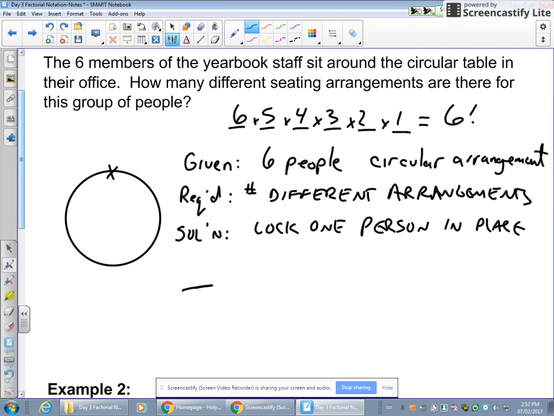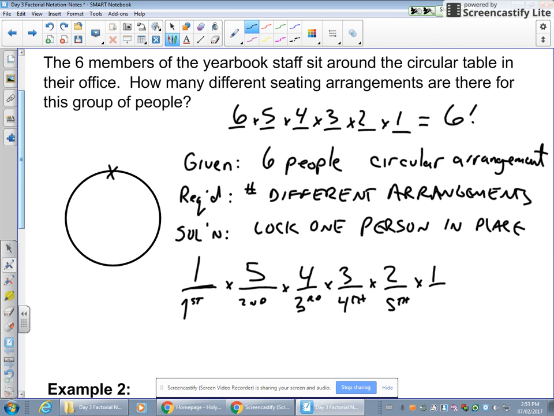So if we lock one person in place, this is our first person, we're then left with 5 possibilities in the second spot, 4 possibilities in the third, 3 possibilities in the fourth, 2 possibilities for the 5th spot, and then 1 possibility in our 6th location. So that is the same as actually saying 5 factorial, and that we know is 120.